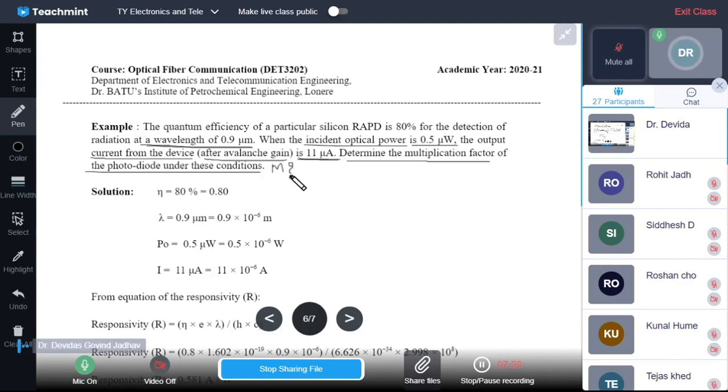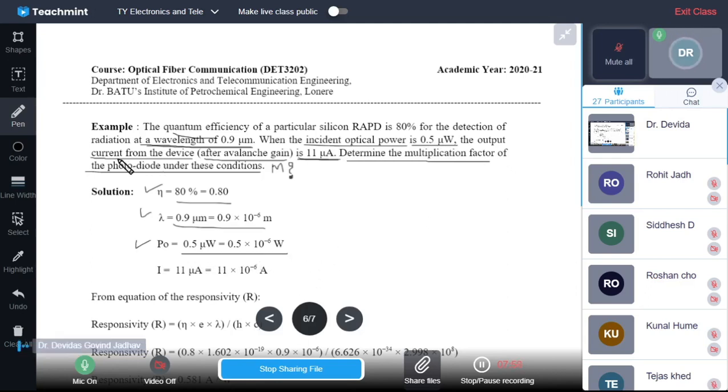So what is given? Quantum efficiency is 80%, that is 0.8. The wavelength lambda is 0.9 micrometer, that is 0.9 into 10 raised to minus 6 meter. The incident optical power PO is 0.5 microwatt, 0.5 into 10 raised to minus 6 watt.